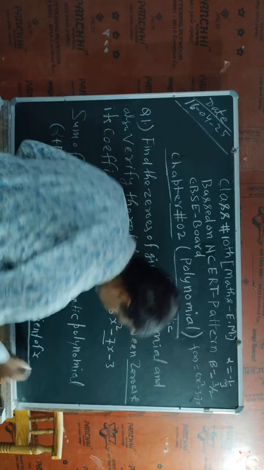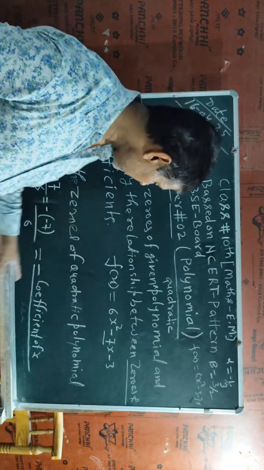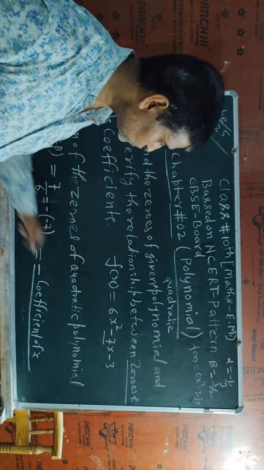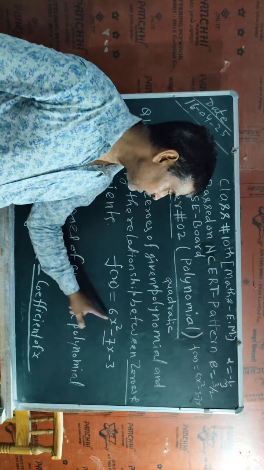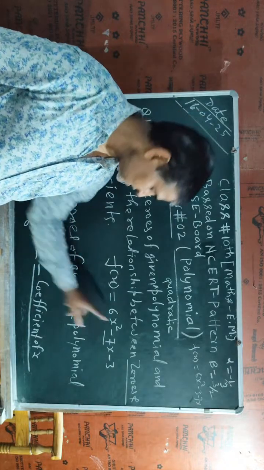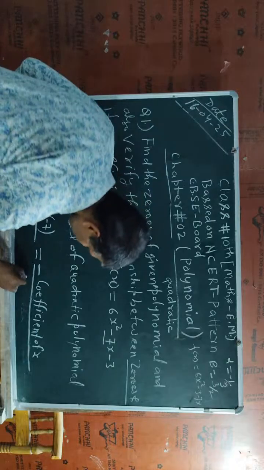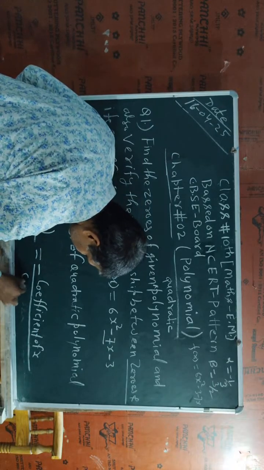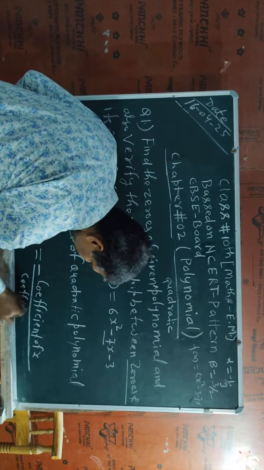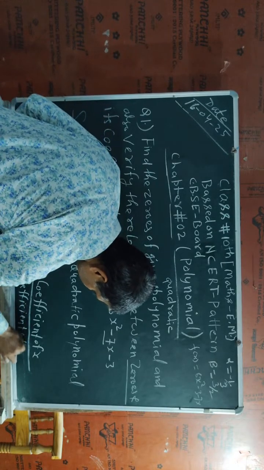Okay, students. So here 6 is also known as the coefficient of x square. Here 6 is available in the form of coefficient of x square. So in the place of 6 I will write coefficient of x square.